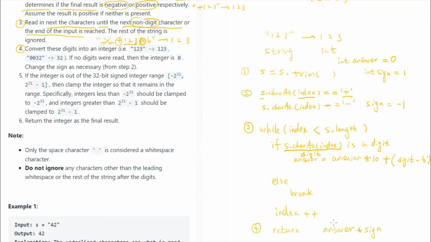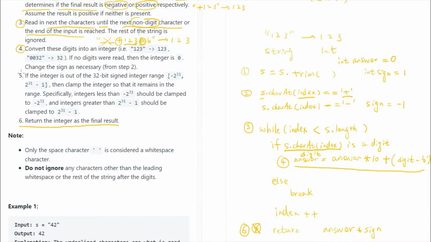If our answer is 123 and the sign read in is negative, then the answer will be -123. Actually, this step is the requirement number 4, and the next step is the requirement number 6. Return the integer as a final result.